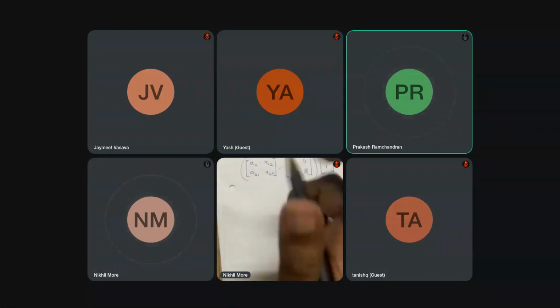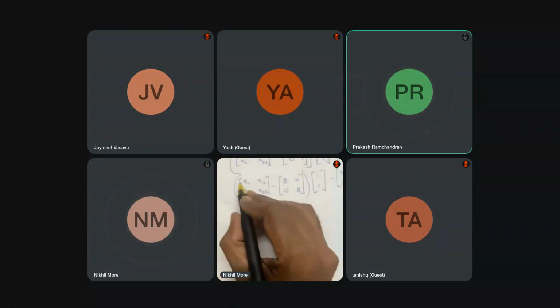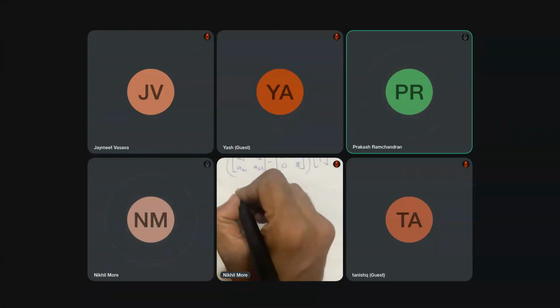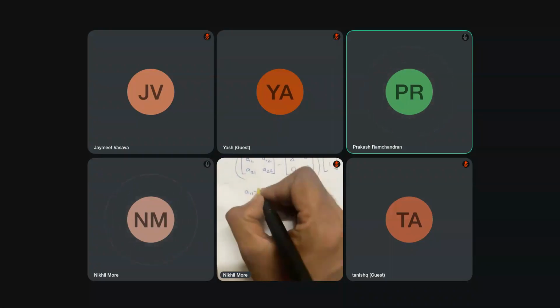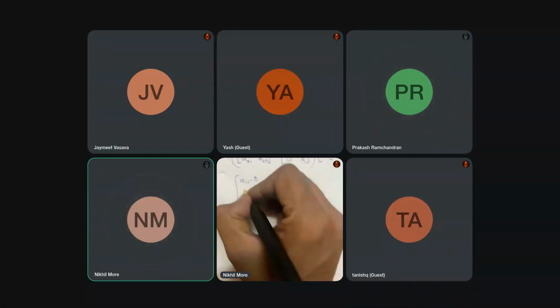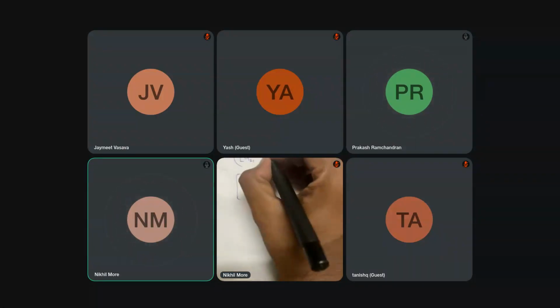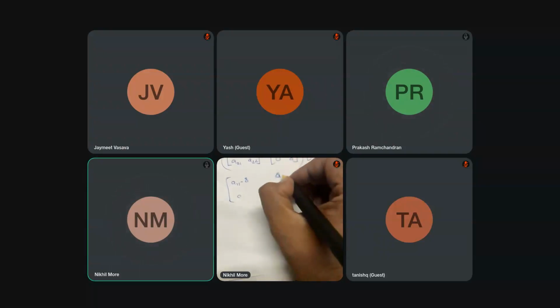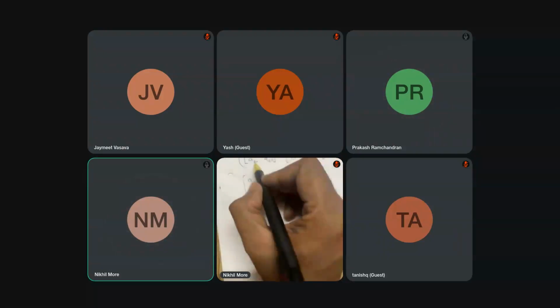Next would be subtracting it. This gives me A11 minus 8, A12 minus 0, so that will be A12.